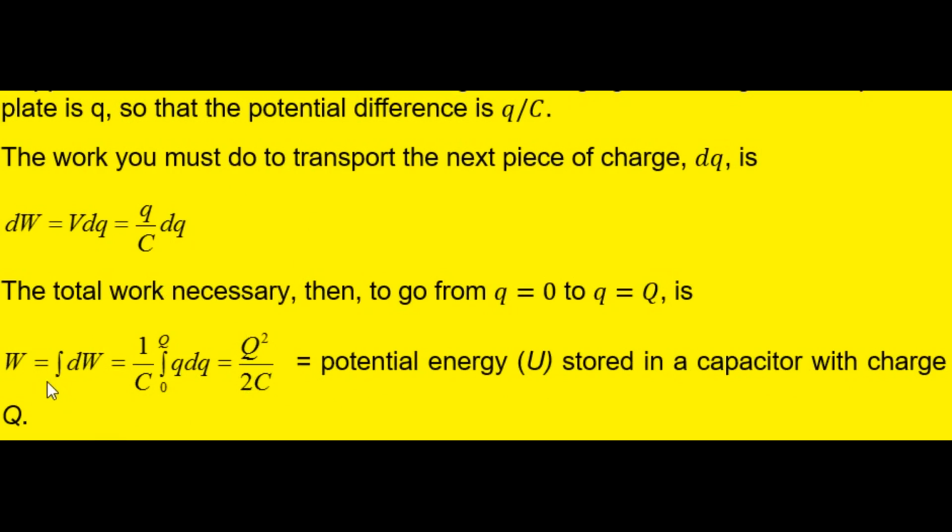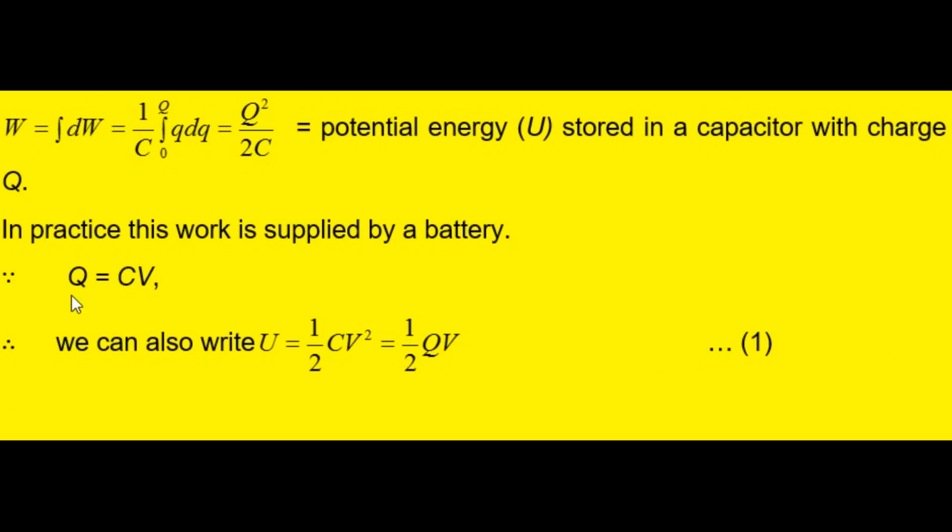In practice, this work W is supplied by the battery. As we also know that Q is equal to CV, if we substitute this value of Q in this equation, we get U, the electrostatic potential energy stored in the capacitor, equal to half CV square.